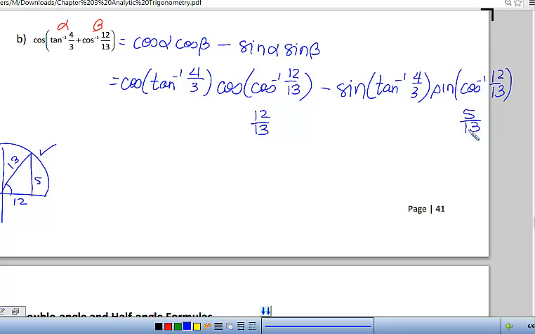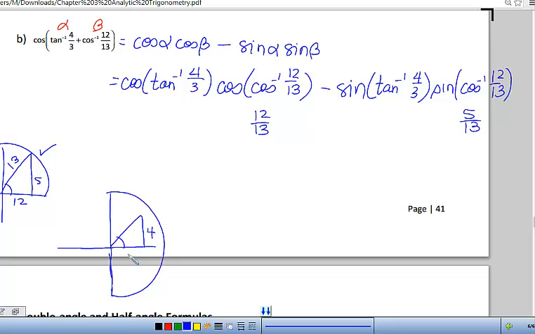Now we're going to draw another triangle for the tangent inverse function. And we know that tangent inverse follows sine inverse, which is defined from minus pi over 2 to pi over 2. That's the range. Since the value is positive here, we're going to be in the first quadrant. Here's my angle. And so we are going to do opposite over adjacent.